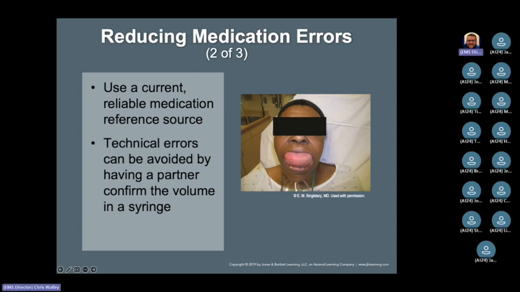Use a current, reliable medication resource whenever administering potentially unfamiliar medications. Some technical errors can be avoided by having your partner make sure that you have the right medication and the right dosage. Even if it's the brand new basic who just graduated school, have them look at it.